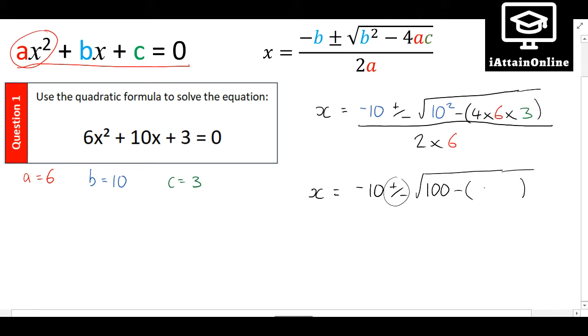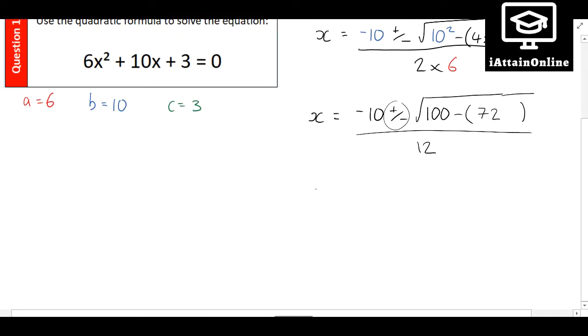Again, you might see why shortly. 4 times 6 times 3 is 72, and that's all over 12. So, tidying that up a little bit further, negative 10 plus or minus the square root of 100 take away 72, is going to be the square root of 28, and that's all over 12.